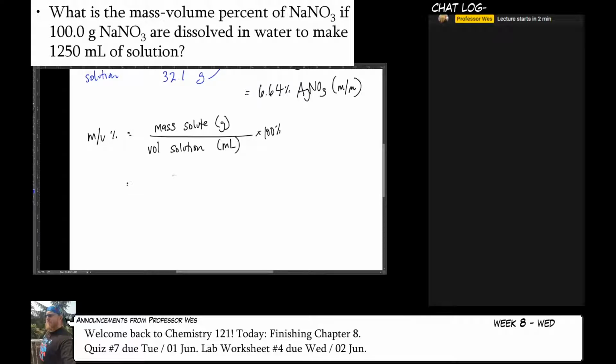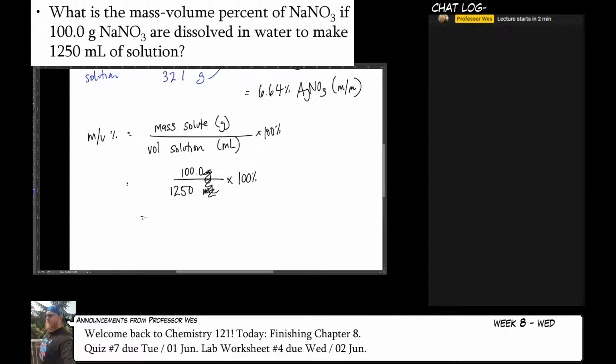And so we just enter in the numbers here. 100.0 grams divided by the volume in milliliters, which we've already given you. And then the units just kind of mysteriously go away for mass volume, because we don't want to deal with them.